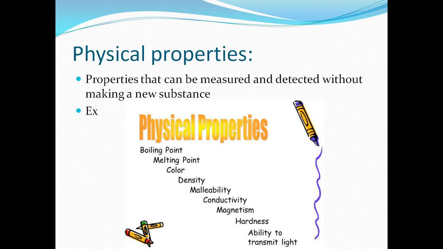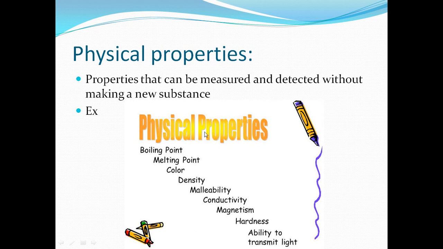So this is measuring the boiling point. How can we measure the boiling point? By thermometer. Okay. So again, physical properties are properties that can be measured or detected without making a new substance.